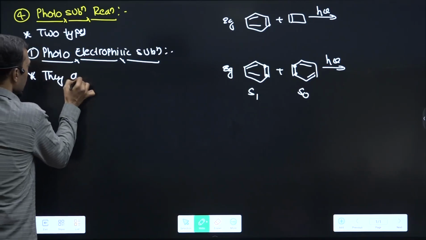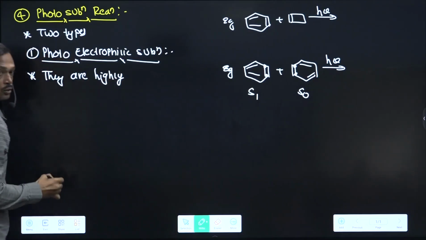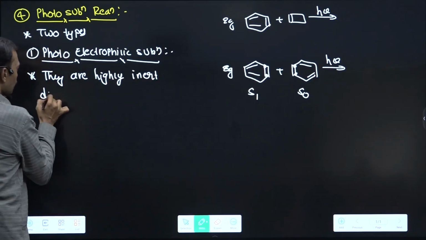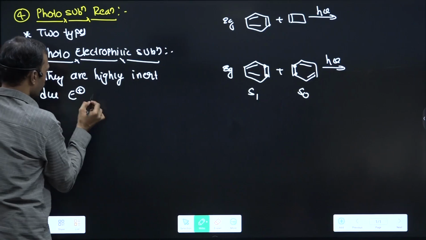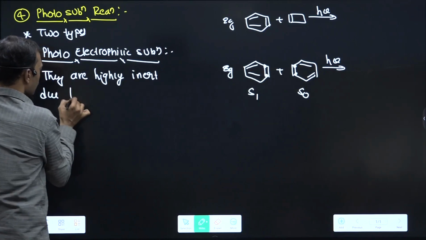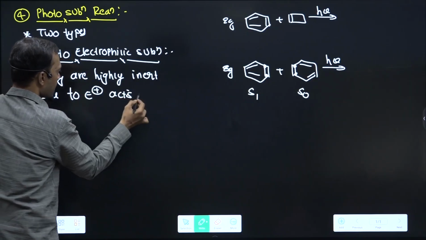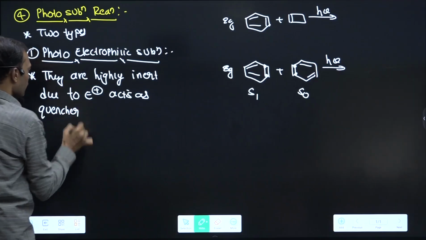So remember, they are highly inert. These reactions are not known. They are highly inert because the electrophile acts as a quencher. So in this particular reaction, the electrophile acts as a quencher.